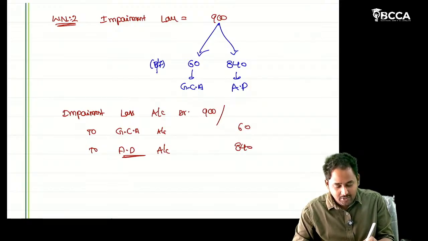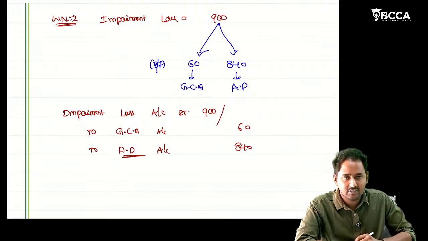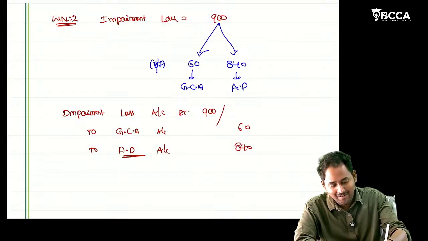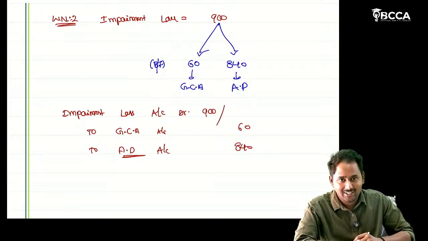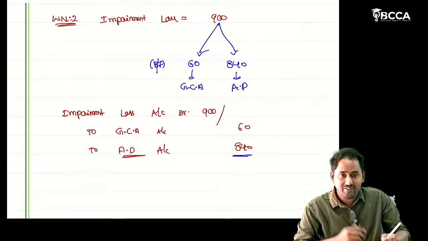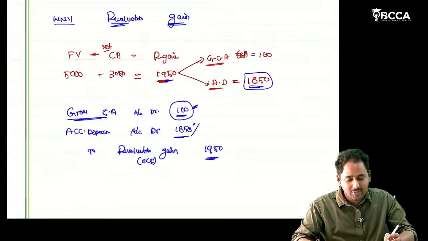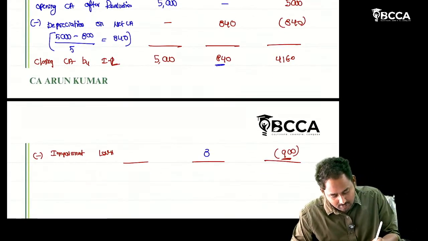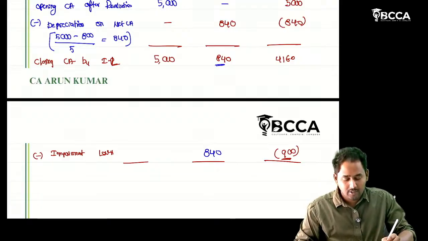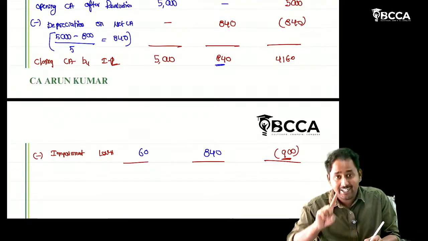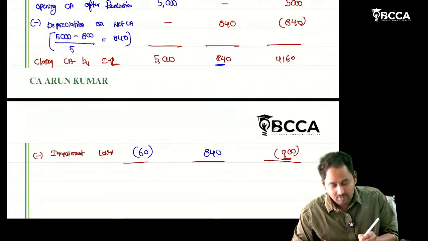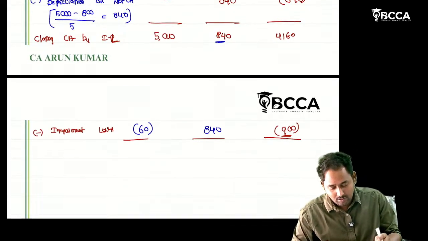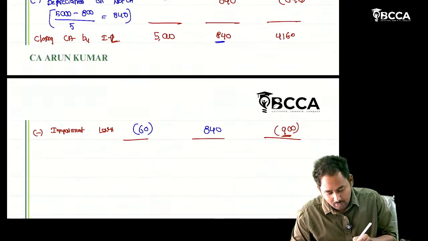Is accumulated depreciation increasing or decreasing here? Observe it. I am crediting accumulated depreciation, so I need to increase the accumulated depreciation by 840 again. Then the remaining balance should be deducted from 5000. Then I got the closing carrying amount.